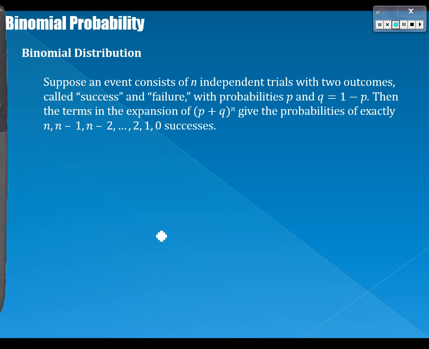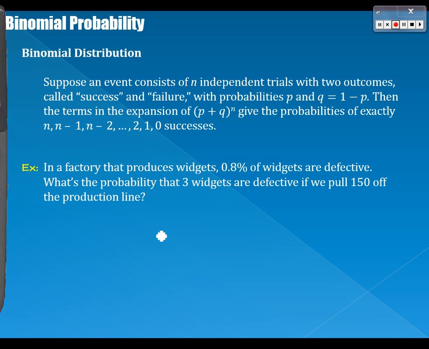I put those in quotes because later "success" will be like engine failures on an airplane, so success is a dubious way to say that. We have defective widgets as the first example we're going to do in a minute, and success will be getting a defective widget. I just want to make sure you're clear why I have the quotes around success and failure: they're just labels. So if one event has probability P, the other has probability 1 minus P. So there are only two outcomes.